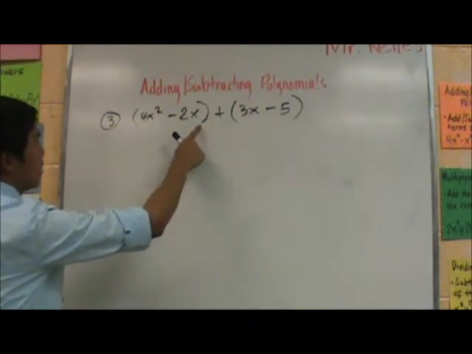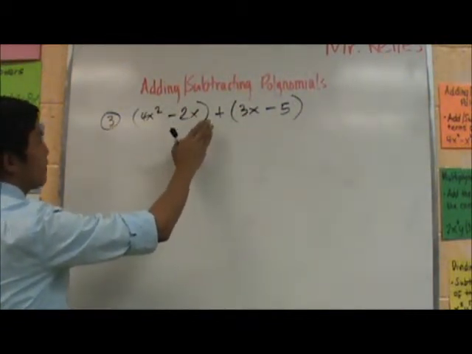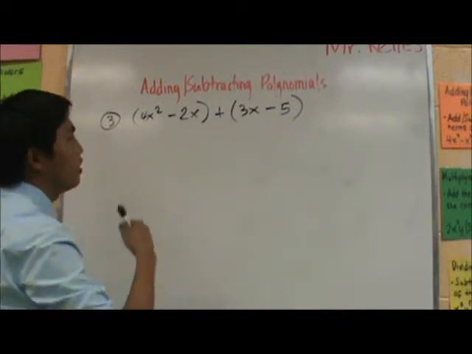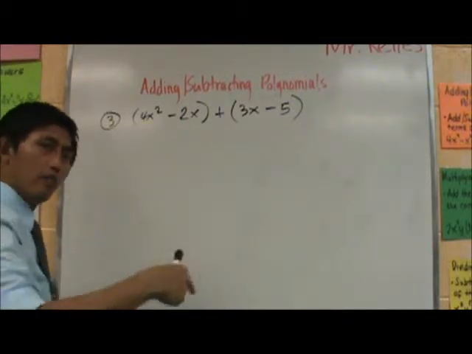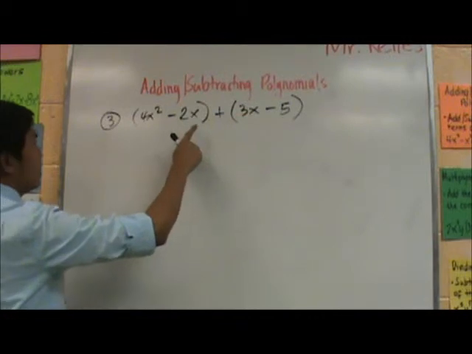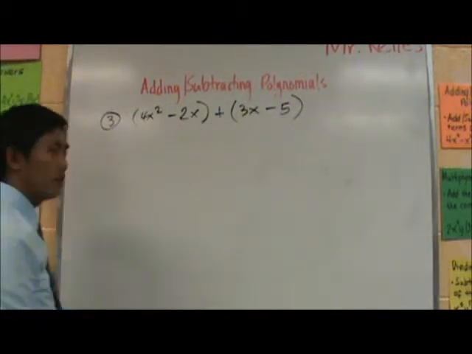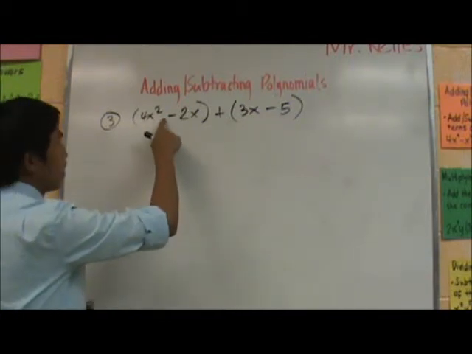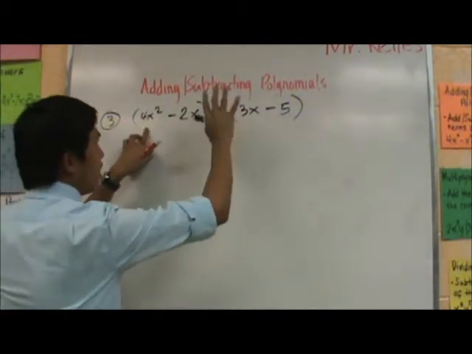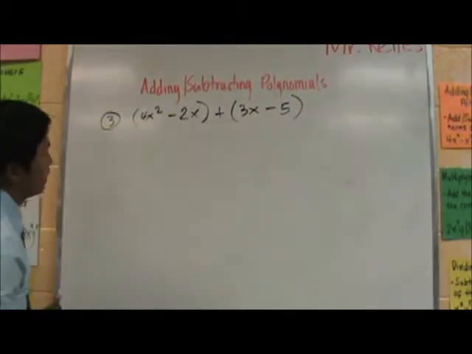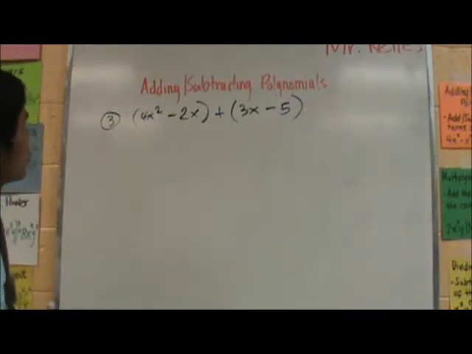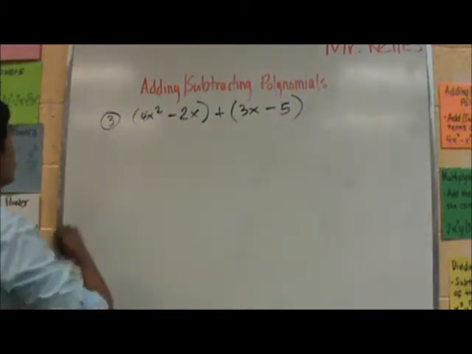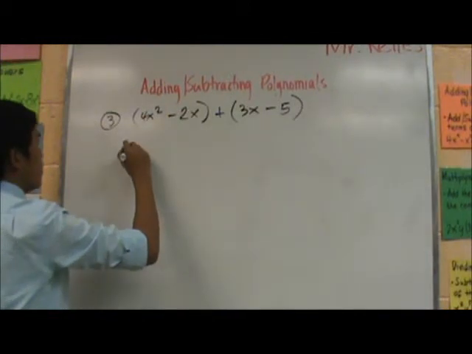Now, this might be confusing, that you would think you will do FOIL or multiply. But really, here, if you have a plus, that means all you have to do is just add like terms. So 4x squared, can we add 4x squared to any of them there? It looks like there's no other x squared, so we're just going to copy 4x squared.